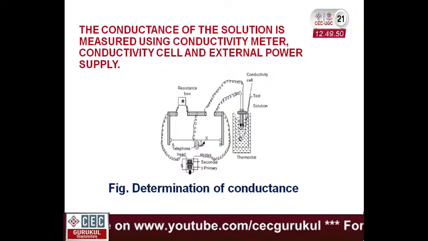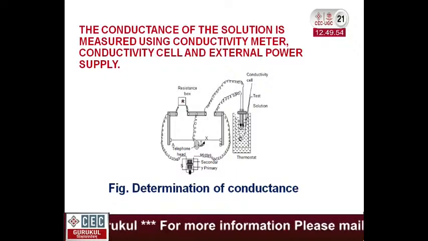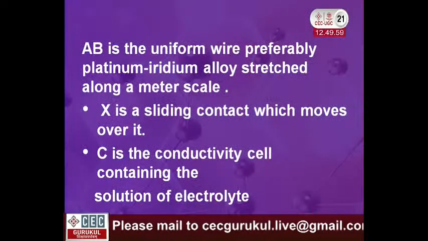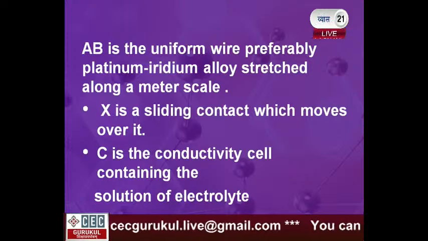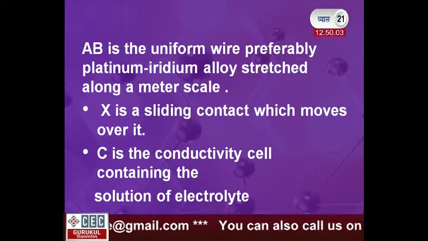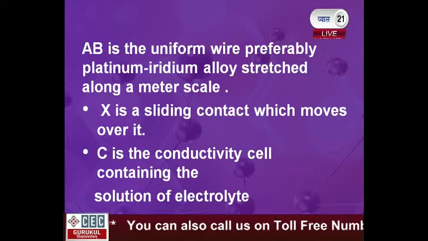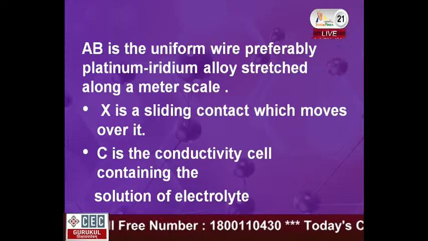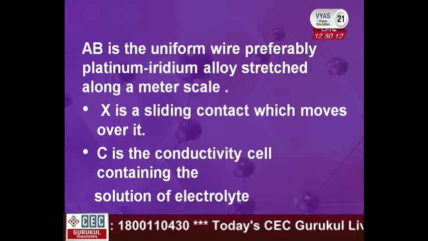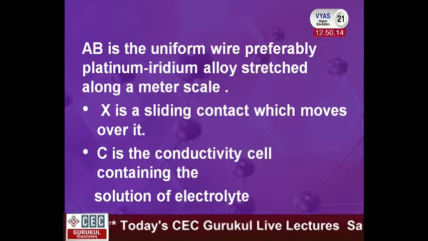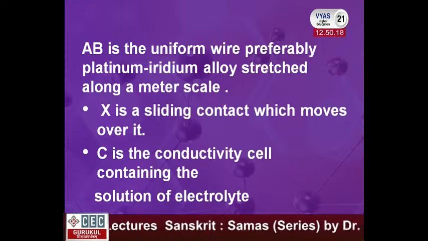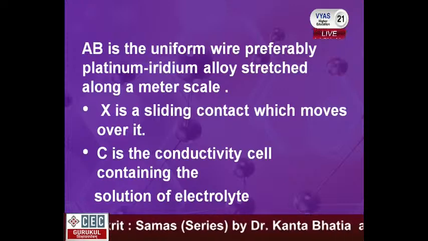In one of the arms is the electrolytic cell which has the solution whose conductance is to be determined. AB is the uniform wire, preferably platinum iridium alloy stretched along a meter scale. X is the sliding contact which moves over it. C is the conductivity cell containing the solution of the electrolyte.